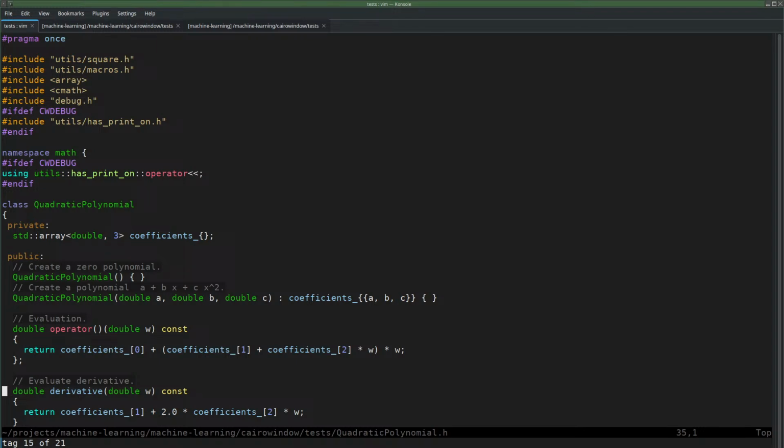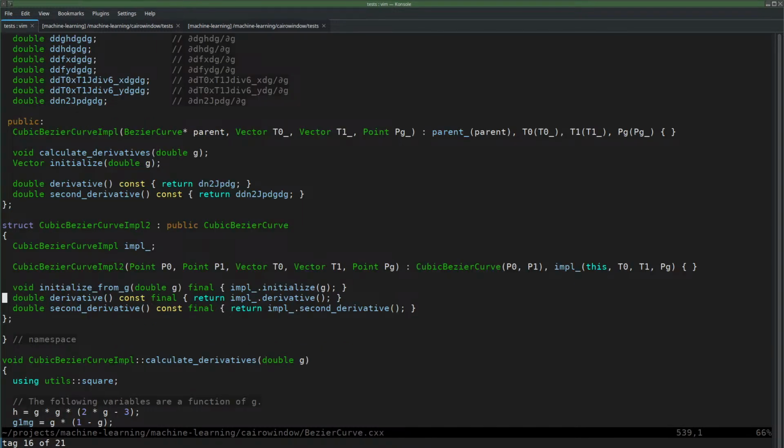A lot of derivative. That's the one I wanted. Rotation derivative. I don't know.